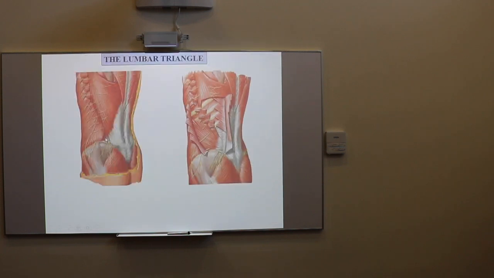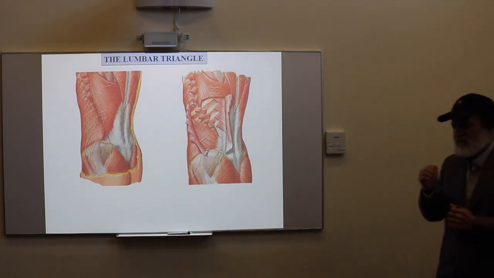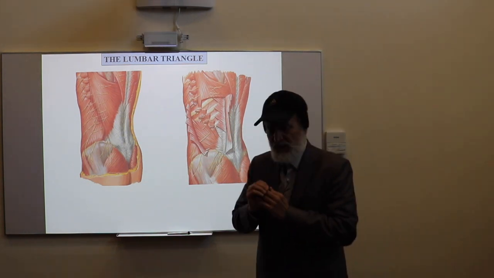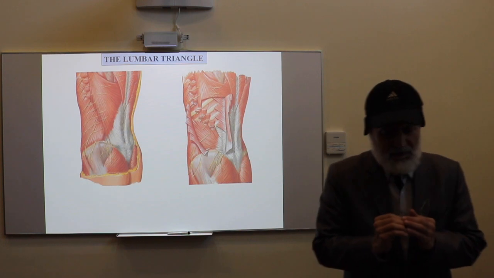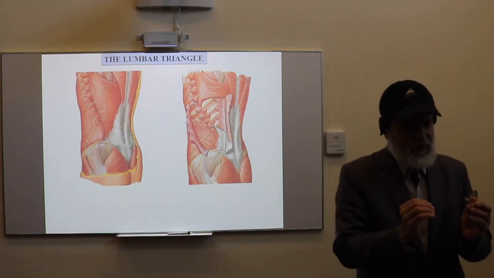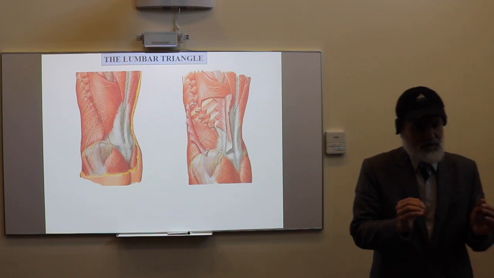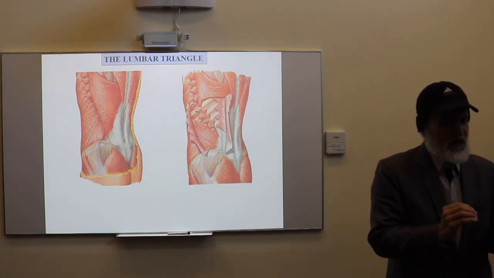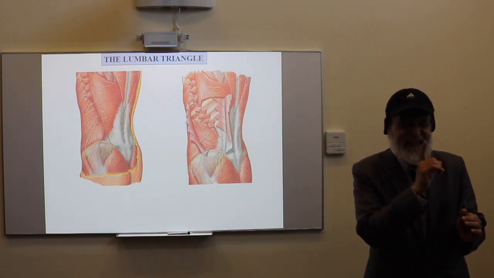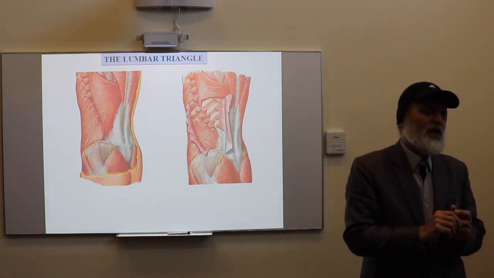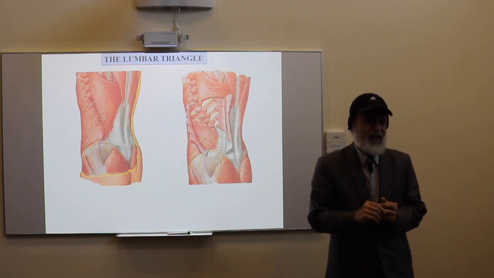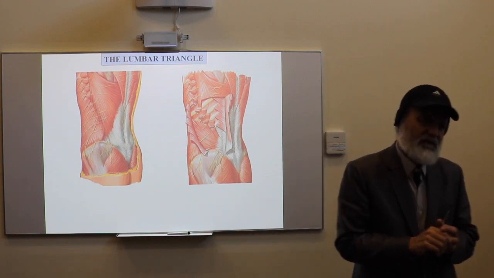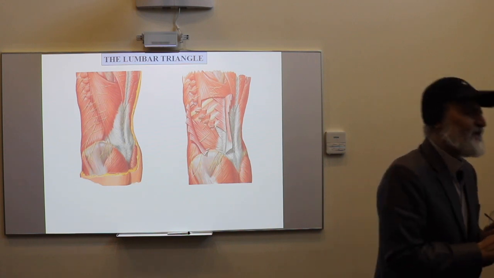This is here the free edge of external oblique. So the posterior edge of transversus abdominis and the posterior edge of internal oblique, the master muscle of the anterior abdominal wall, both of them are connected indirectly to the spine through the thoracolumbar fascia, and they are connected there because they are strong muscles.